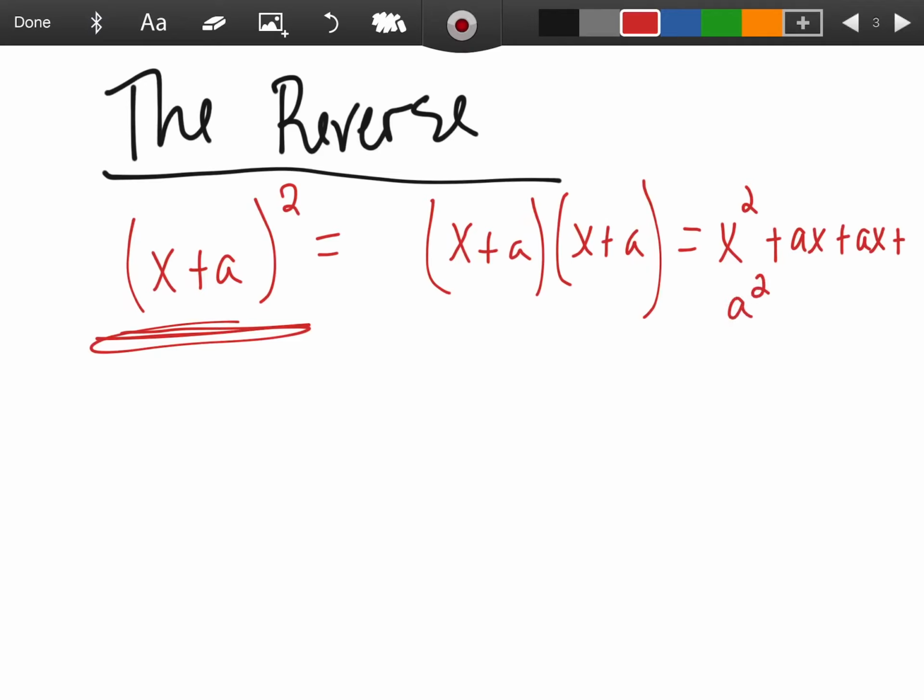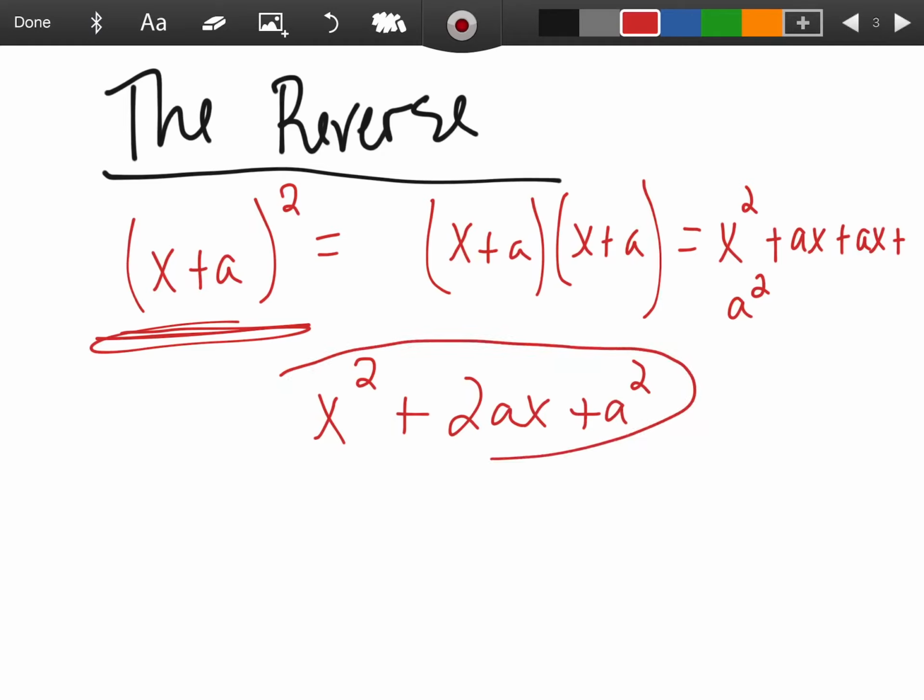So we wind up getting x squared plus, well, ax plus ax is just 2ax, and then plus a squared. So our goal, if we get something to look like this, then we can just write it as the quantity x plus a, squared. So our goal is to make it look like this.